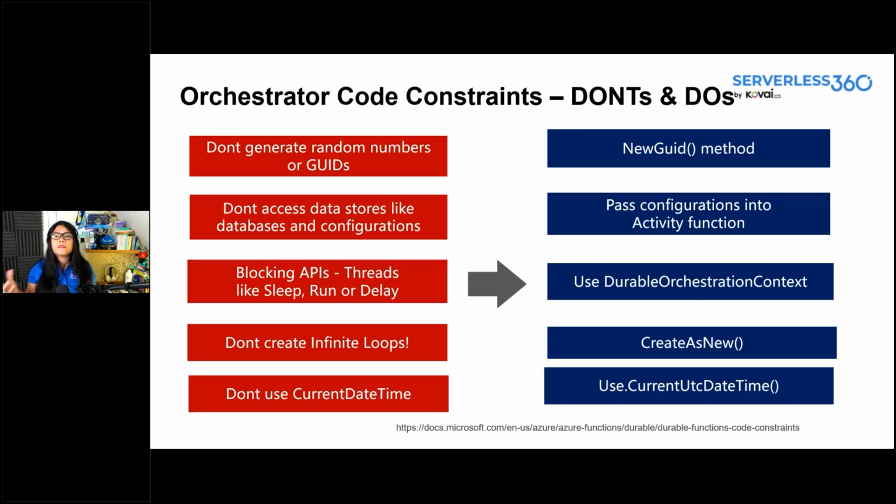For example, if you have an activity that needs to send an email using the SendGrid API or Twilio API, then you can have those database configurations or API keys as your configuration locally in your activity functions. That's where you work on your local logic for that specific task or functionality that it needs to do.